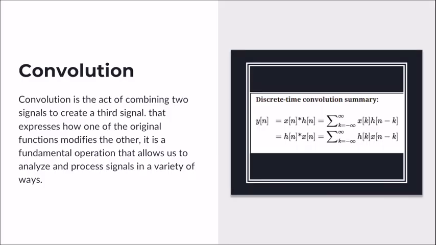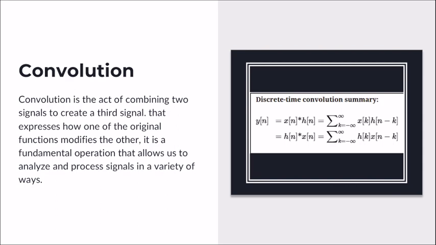And here we get to convolution. Convolution can be defined as a mathematical operation that combines two functions to produce a third function that expresses how one of the original functions modifies the other. In the context of signal processing, it's a fundamental operation that allows us to analyze and process signals in many different ways.